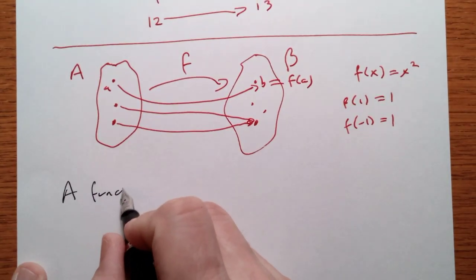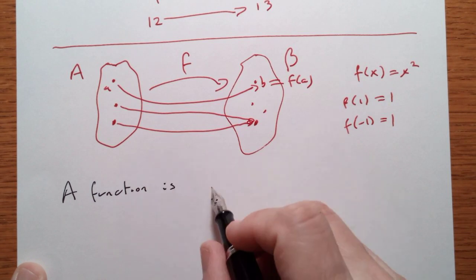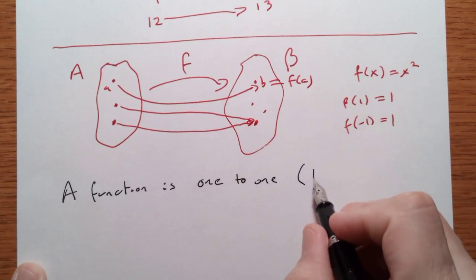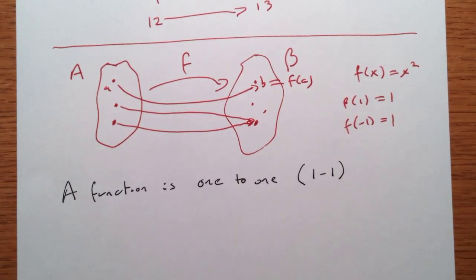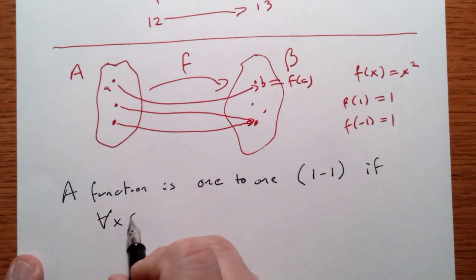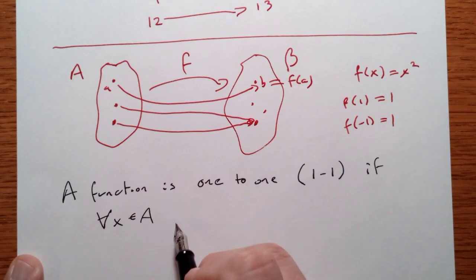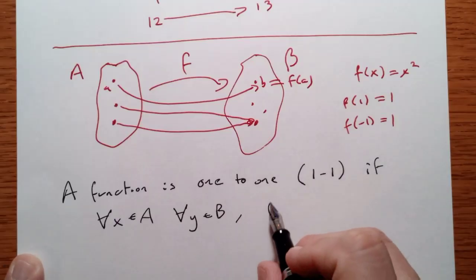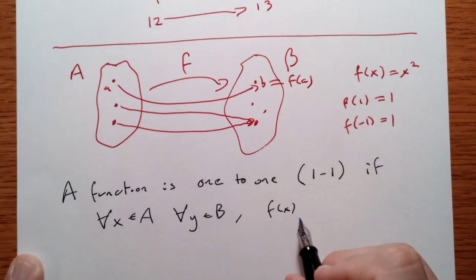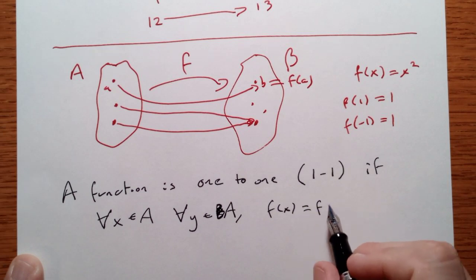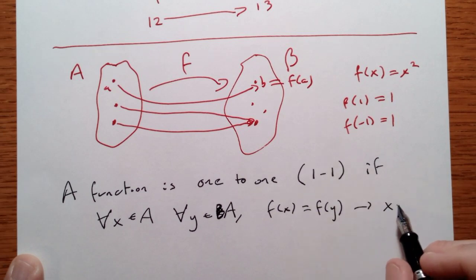A function is one-to-one. I will often abbreviate this as the number one dash the number one. If for all x in A, for all y in A, f of x equals f of y implies x equals y.